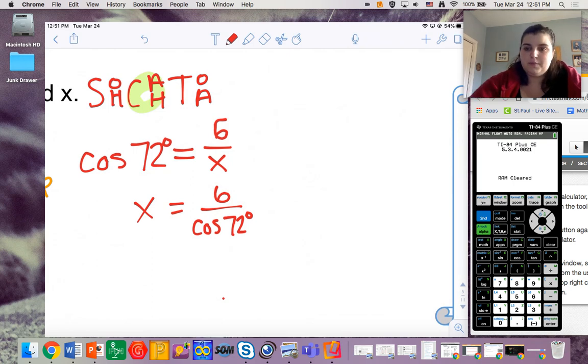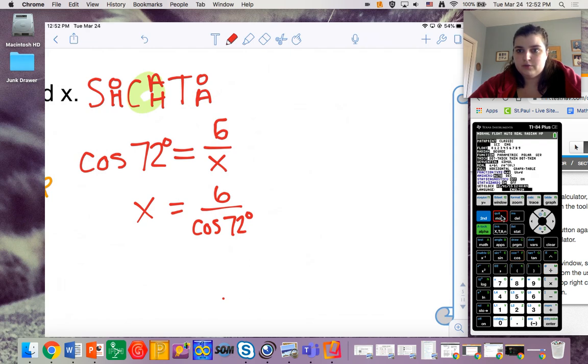Okay, so I'm actually going to do that. I pulled up the MCA calculator. So here's how I type it in. 6 divided by cosine of, oops, I forgot to check the mode. We are in radians. Oh no, this is going to happen every time. Make sure you're in degrees.